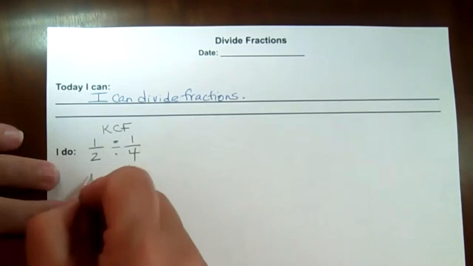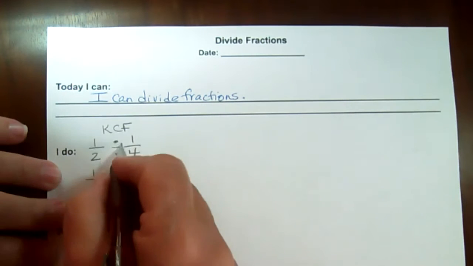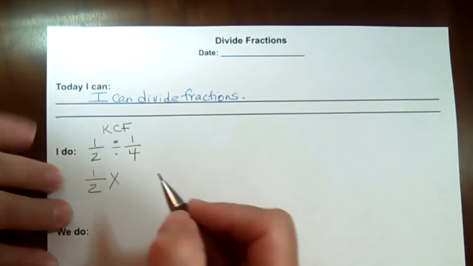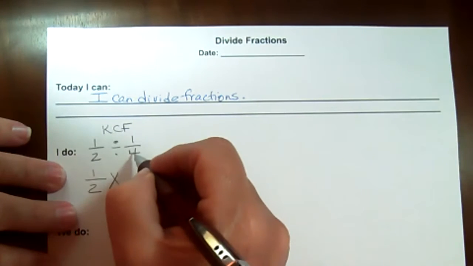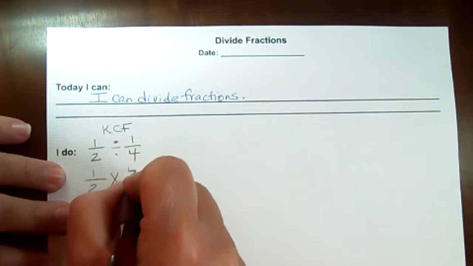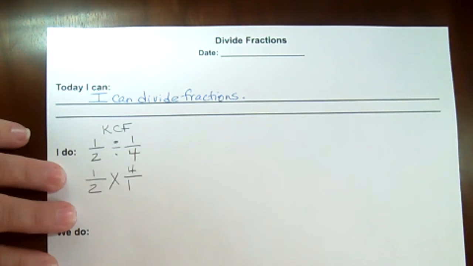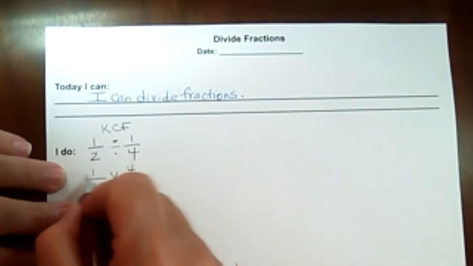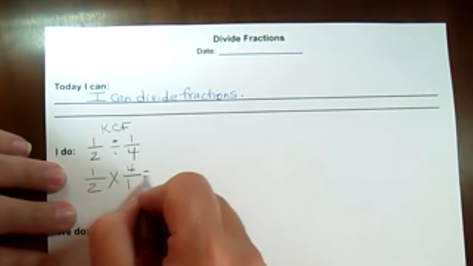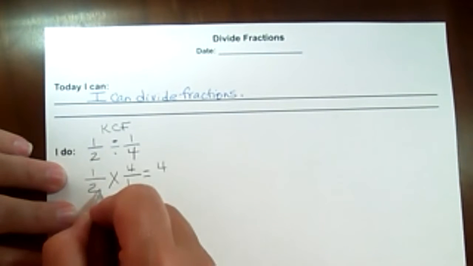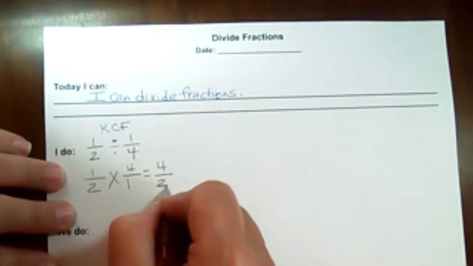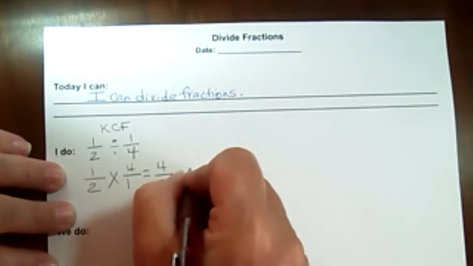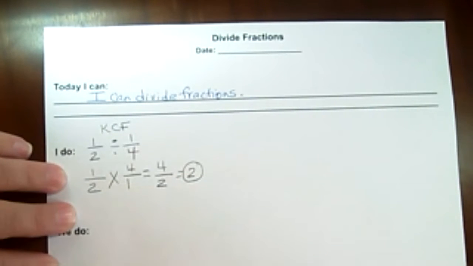So we keep the 1/2, change the division to multiplication, and then take the reciprocal of 1/4, which is 4/1. Reciprocal is a vocabulary term. And with multiplying fractions, we just multiply straight across. So 1 times 4 is 4, 2 times 1 is 2, and that simplifies to 2.